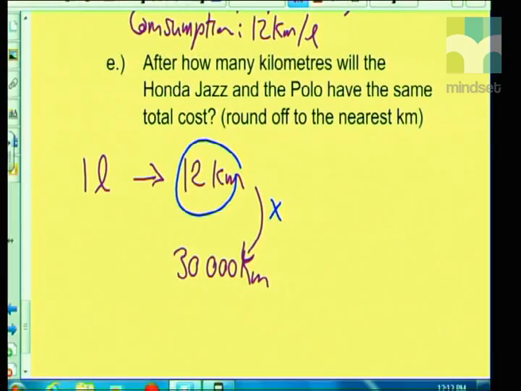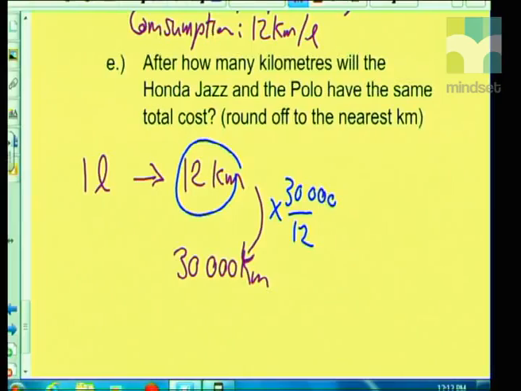So if I take this and I divide by 12 and I multiply by 30,000, then I'm going to get 30,000. I hope you can see that. It's divided by 12, 12 over 12 is 1. Multiply by 30,000 gives me 30,000. What I do to the one side, I must do to the other side. So I'm going to divide this figure by 12 and multiply it by 30,000.